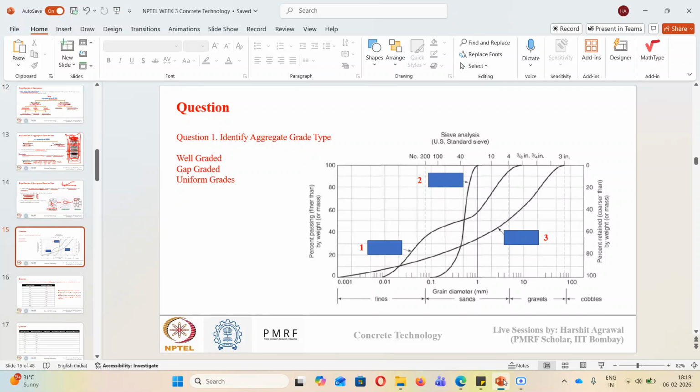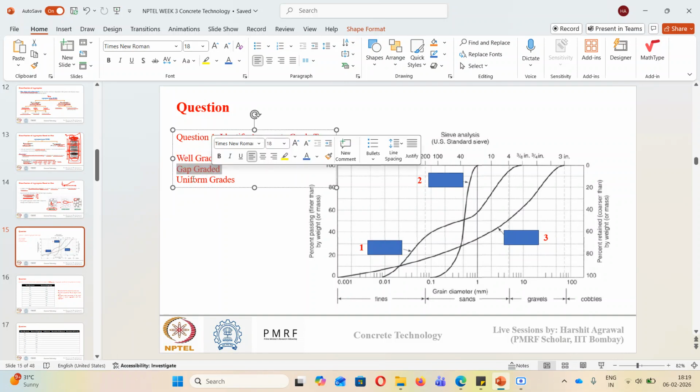I hope everyone is clear about the source of aggregate based on rock, and based on natural, manufactured or recycled, and how aggregates are classified based on size. Sieve analysis, how we do sieve analysis, what are sieves, and what is a grading curve. If it is clear, just tell me which graded aggregate this first curve represents. Is it well graded, gap graded, or uniform graded?